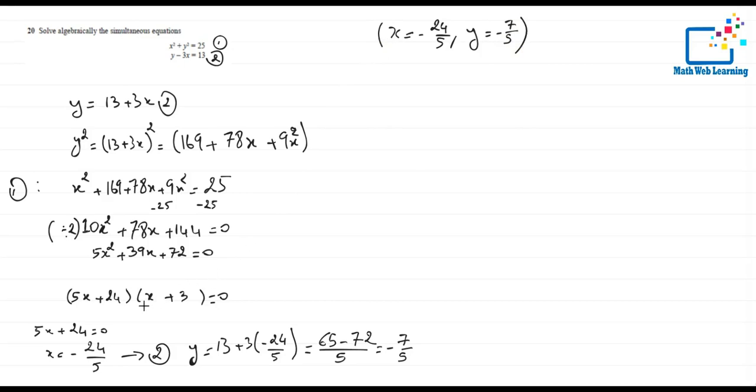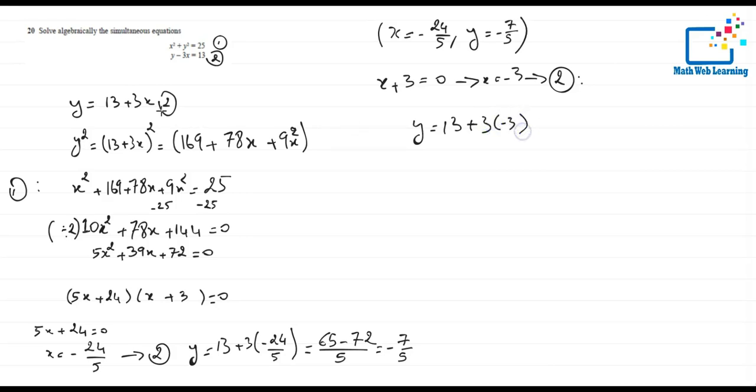The second pair will come from this second bracket here, so x plus 3 equals 0 will give us x equals minus 3, and we're going to put that into number 2, of course, to get y equals 13 plus 3, and then bracket minus 3.